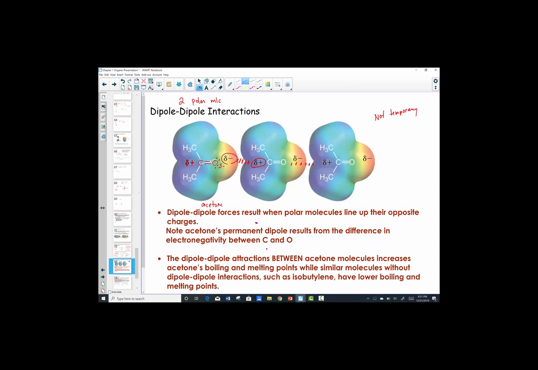That's the difference between the dispersion force, because it's just so temporary, where these are permanent based on the polarity of the structure. So polar molecules line up to create dipole-dipole interactions. Notice that these attractions are between the acetone molecules, and it's a much stronger interaction than the dispersion force.